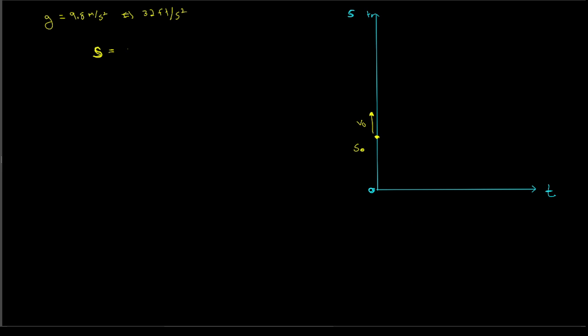So when we put this all together, we can make a function that talks about an object under the effects of some constant acceleration due to gravity.